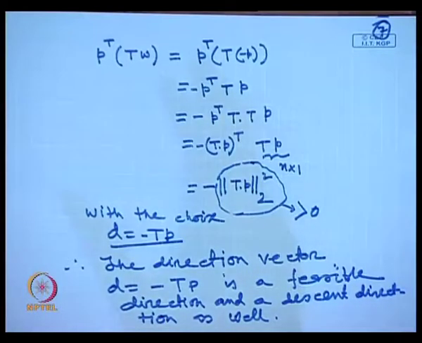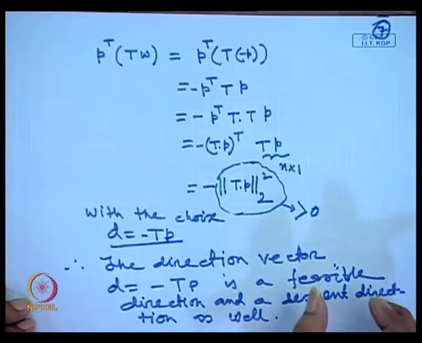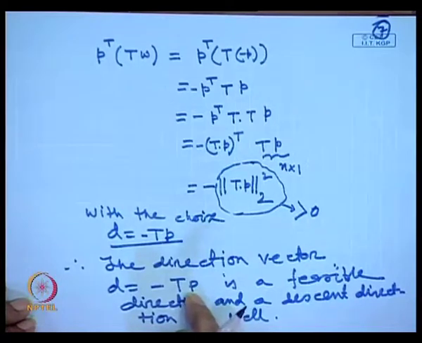After you reach the new coordinate system, then from your starting point y 0, you move in such a direction, and that direction is d equal to minus T p, and p is nothing but the coefficient vector of the objective function in the transformed coordinate system, and T is formed with the knowledge of the B matrix, which is called the projection matrix.